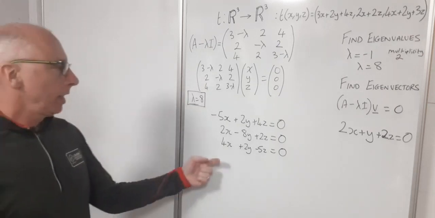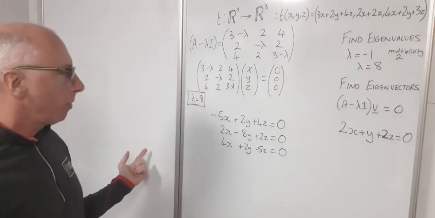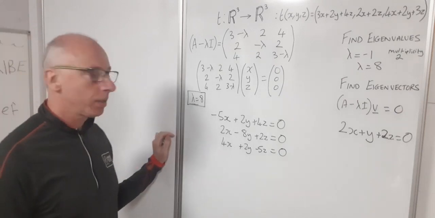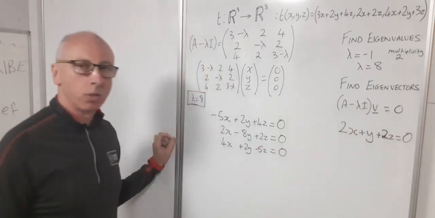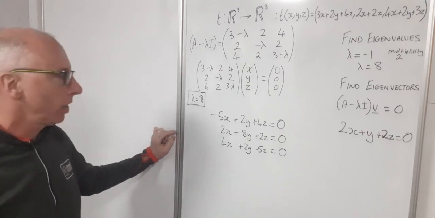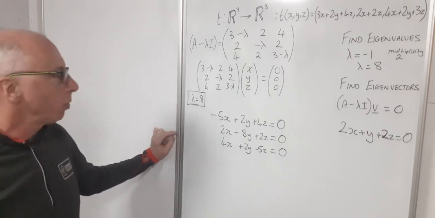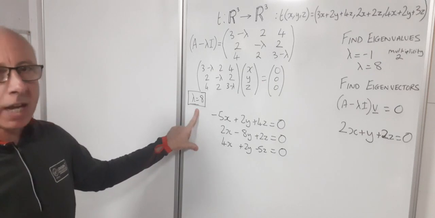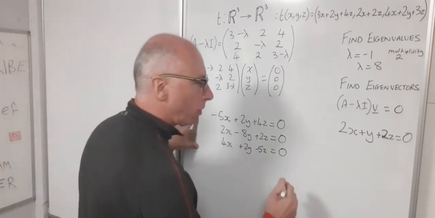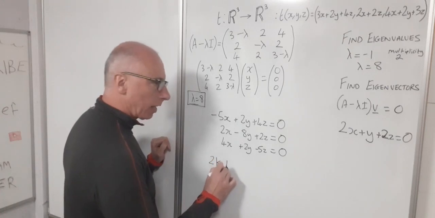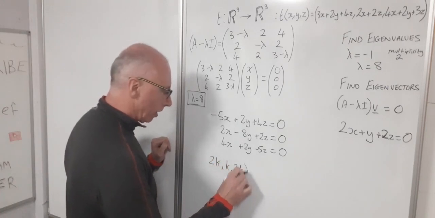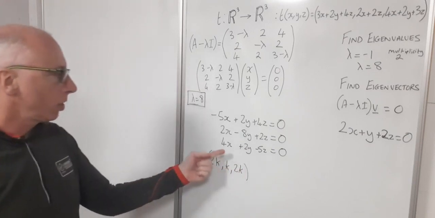Okay, let's have a look at this. What I did in the previous video was I solved this system of equations and this system of equations using Gauss-Jordan elimination. And the results we got for when lambda equals 8 were 2k, k and 2k. That was my solution for this.